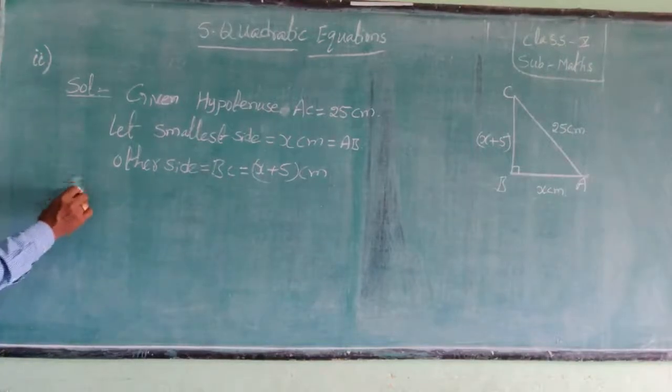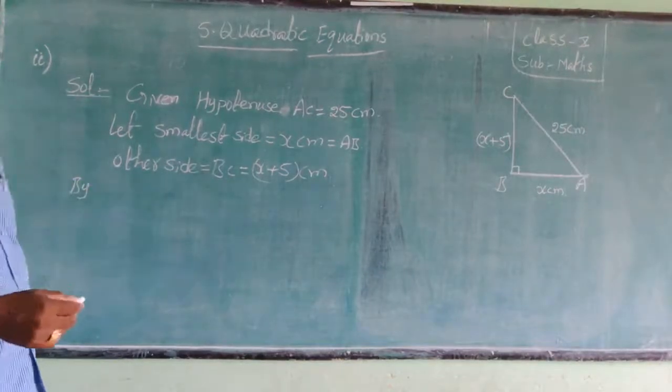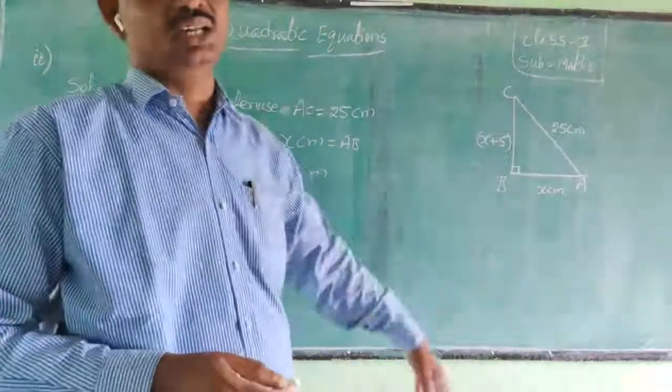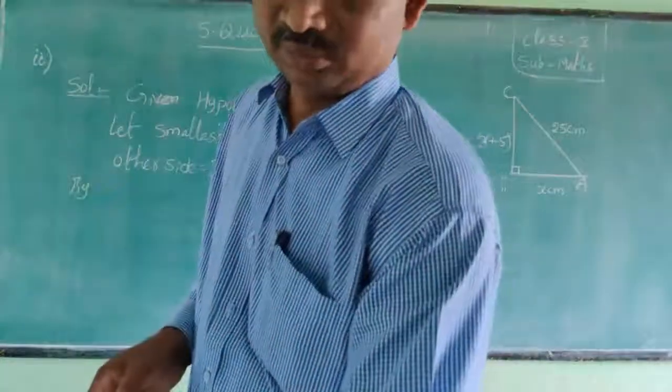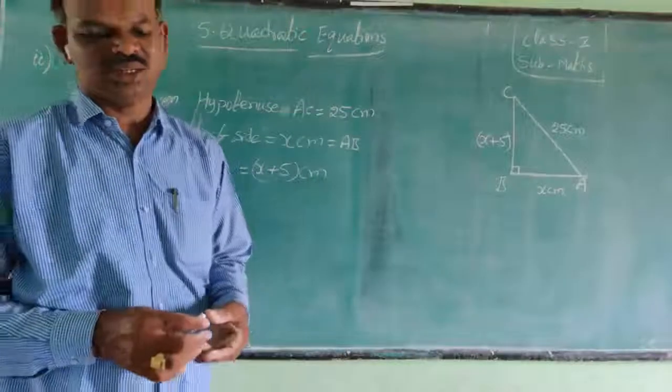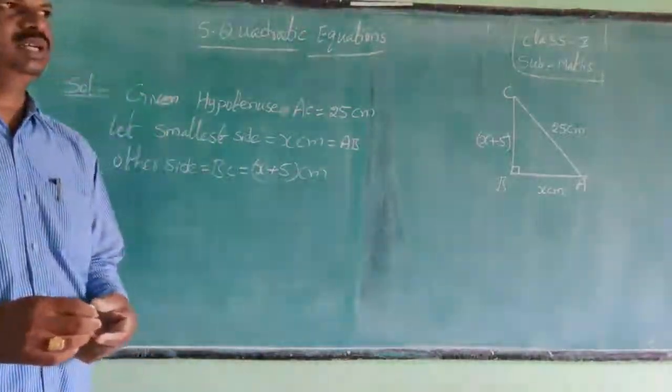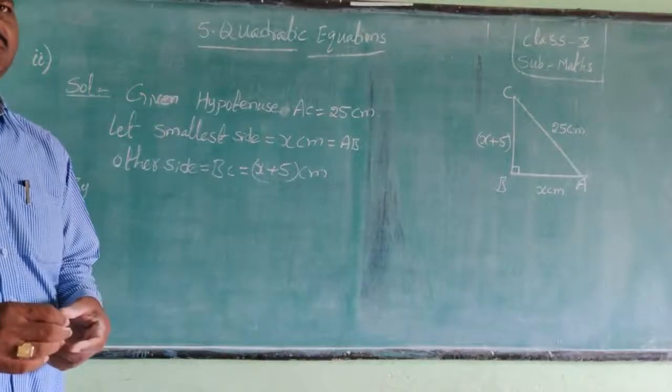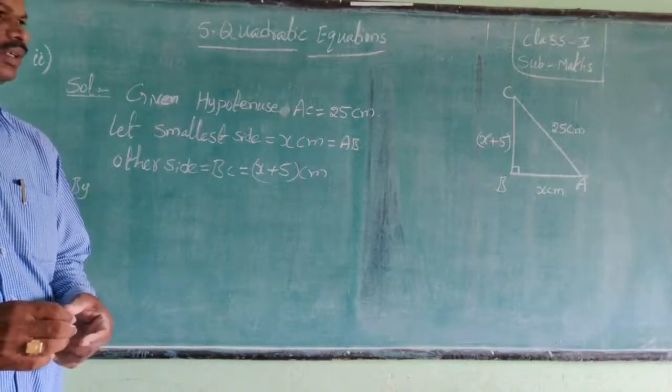And next, by using the Pythagoras theorem. What is the Pythagoras theorem? Hypotenuse square is equal to side square plus side square.